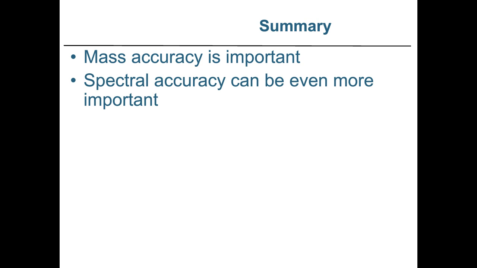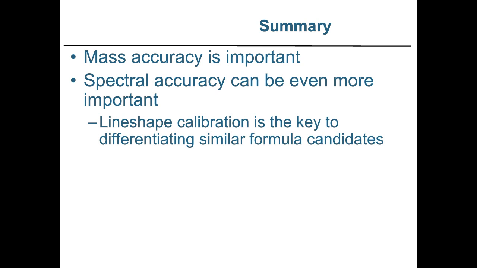And I think the takeaway here is that mass accuracy is very important, obviously, in mass spectrometry. But spectral accuracy can be even more important for a lot of this work. It's a very powerful tool that we can add to our toolbox now. And the key is the Lineshape calibration enables us to help differentiate our formula candidates when we do accurate mass searches.